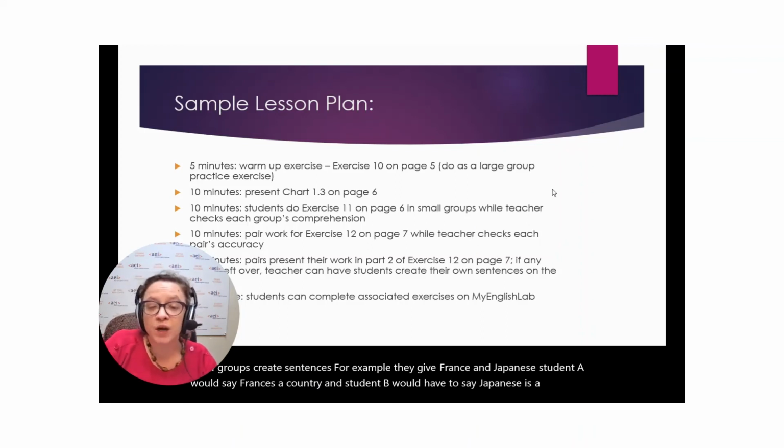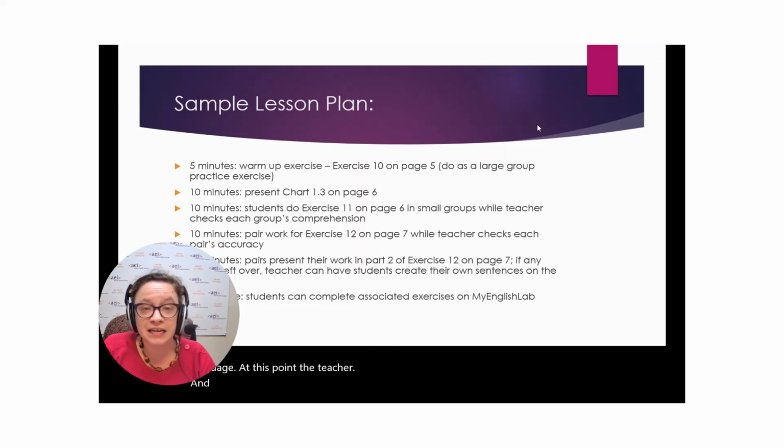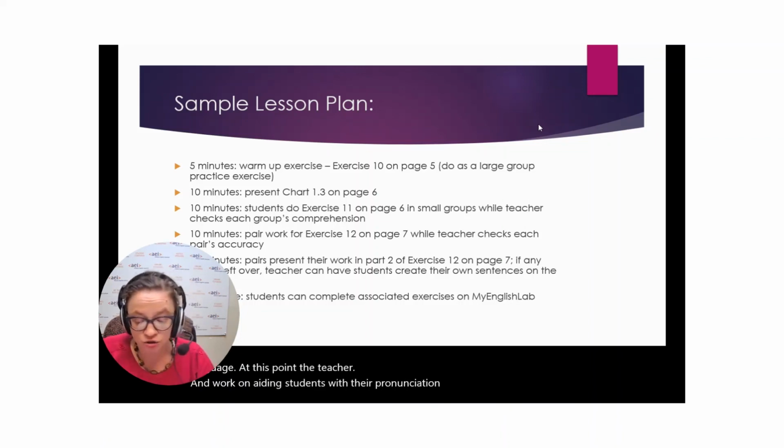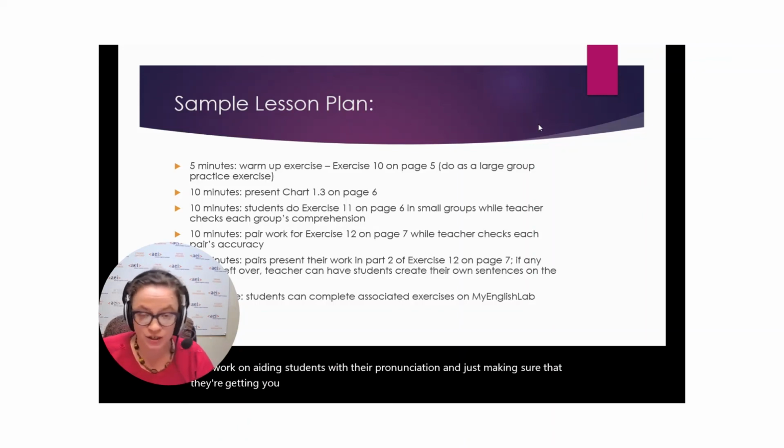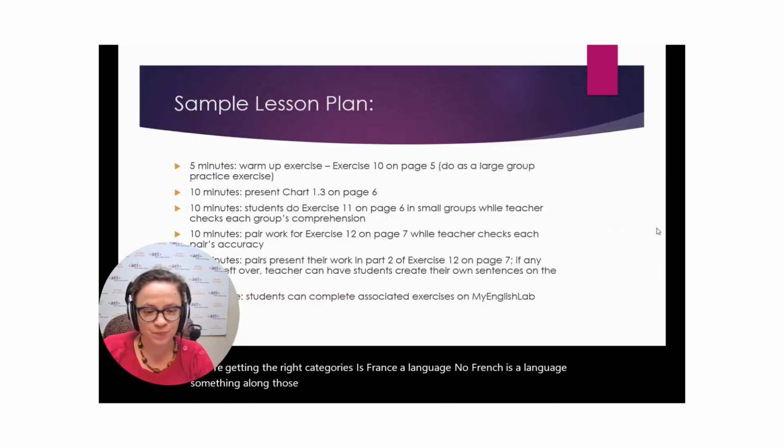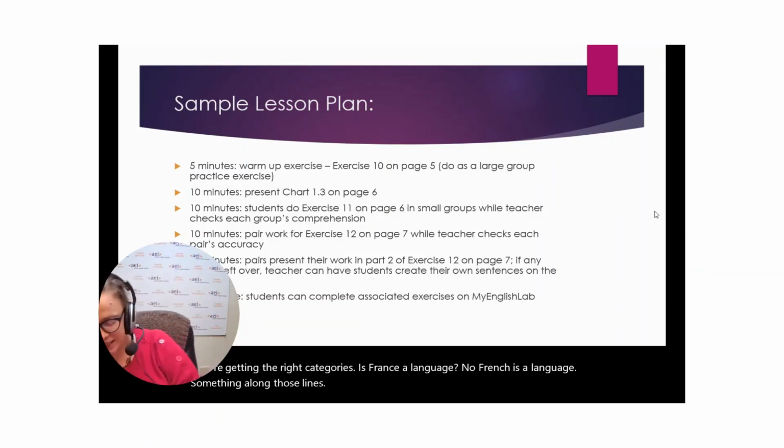At this point, the teacher can work on aiding students with their pronunciation and making sure that they're getting the right categories. Is France a language? No, French is a language. Something along those lines. All right, that's the end of my sample lesson plan.